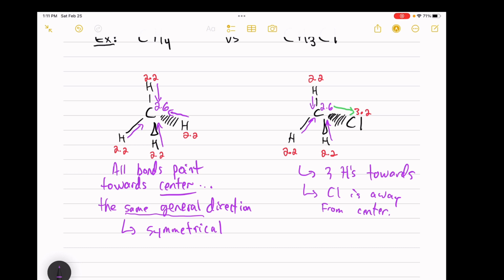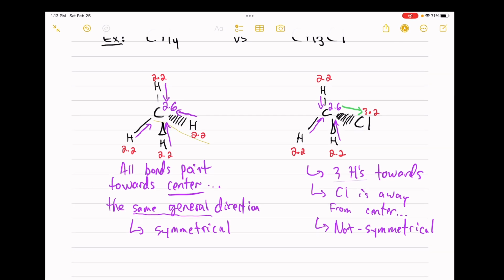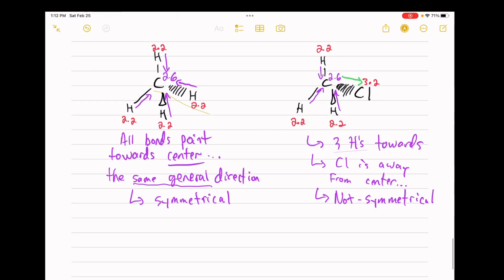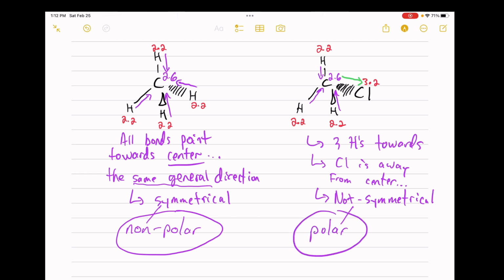What that means is that this is not symmetrical because they're not in the same general direction. And again, it's not about being towards or away. It's about being all towards or all away. So, if this is symmetrical, then using the theory we outlined before, this would be a non-polar compound. And if this is not symmetrical, this would be a polar compound.